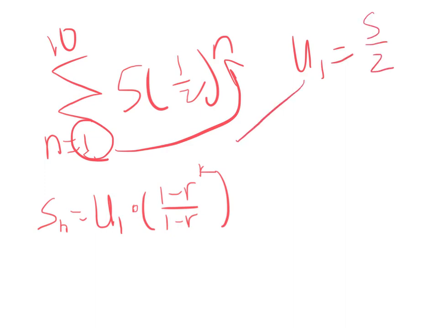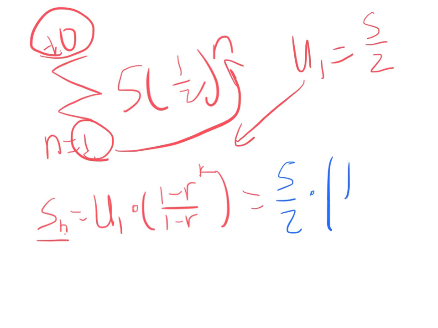Then it's just back to this formula that we used earlier. So the sum up until n, in this case is 10. Remember, n and k, basically you're going to do the same number, but we want to go to the 10th term in this situation. So that is going to be u of 1, which we just said is 5/2, times 1 minus the rate.